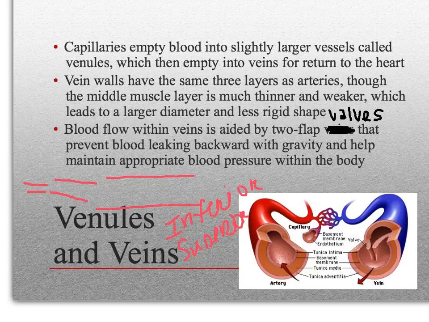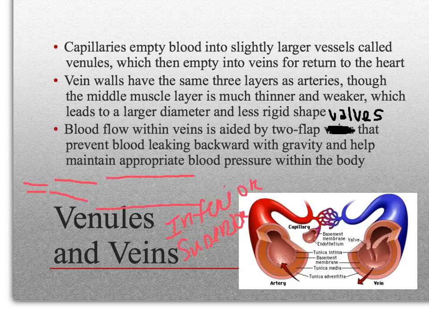Veins have the same three layers, the tunica interna, the tunica media, and the tunica externa, same as the arteries, but veins have much, much, much less muscle. So if you look, this is our muscle layer, our tunica media on the arteries.